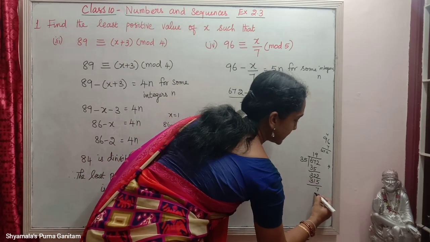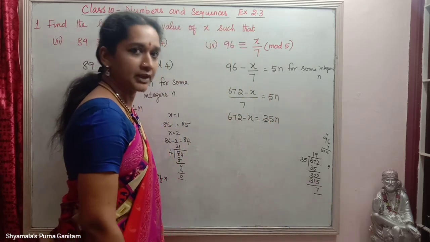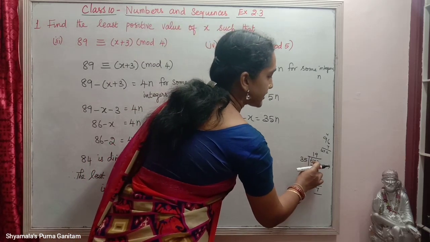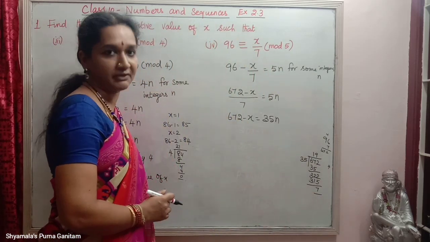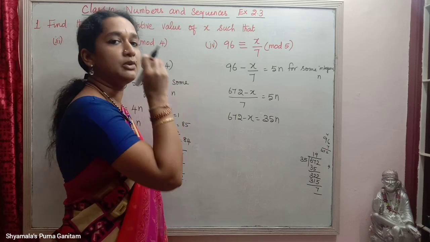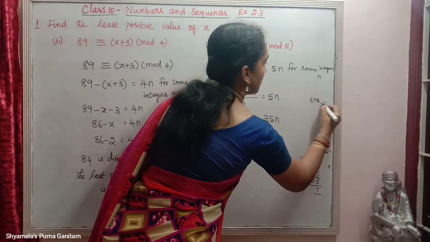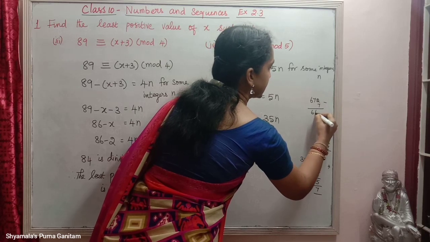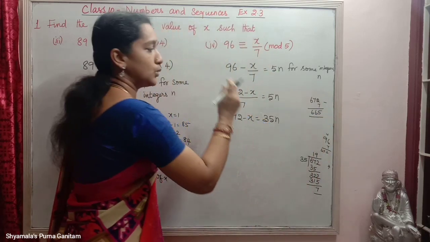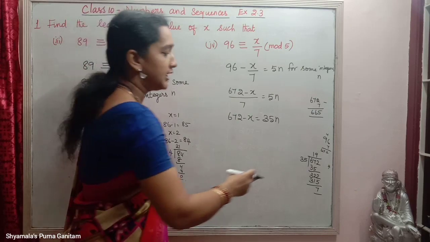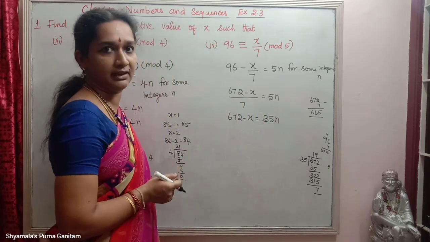So the remainder I am getting is 7. So if I subtract 672 minus 7, I will get 665, and 665 is divisible by 35.